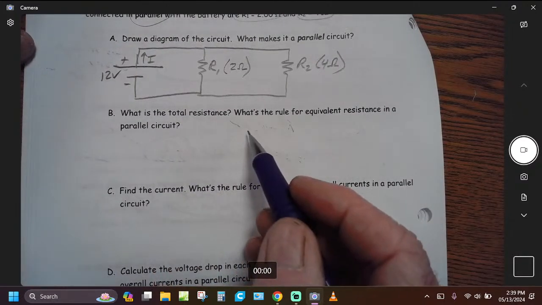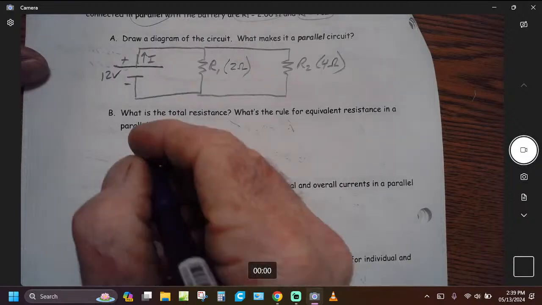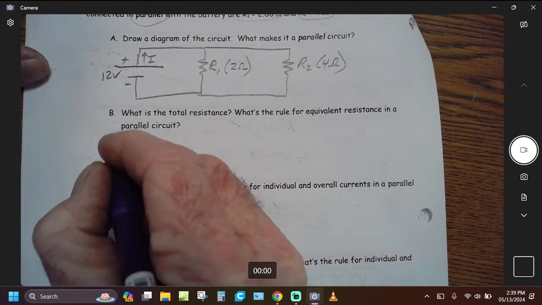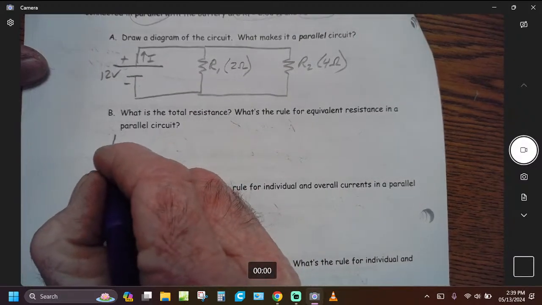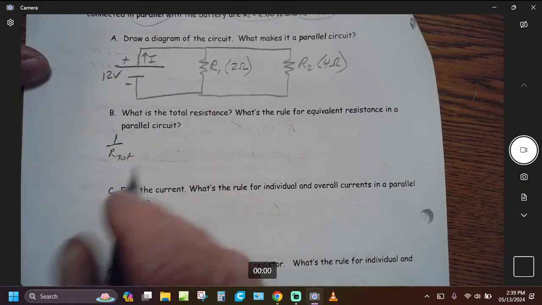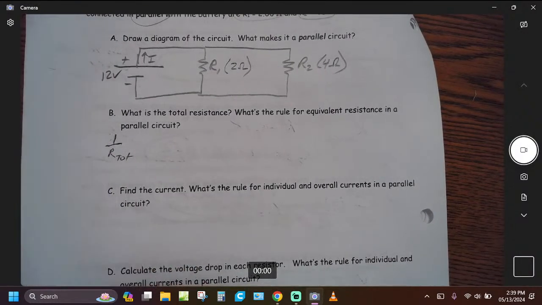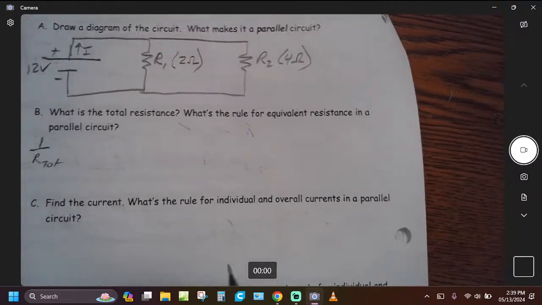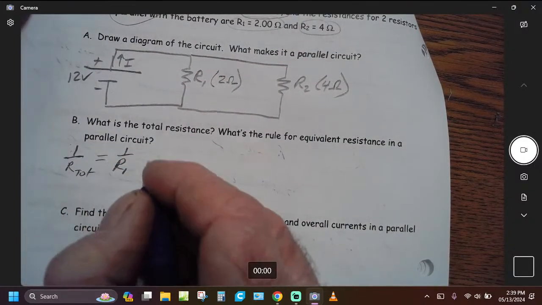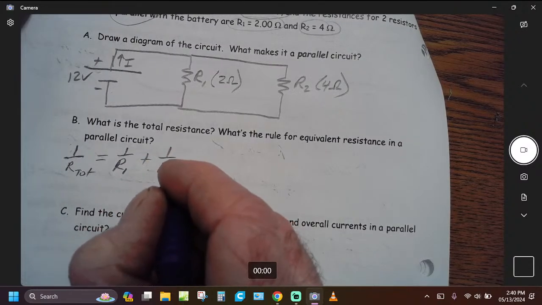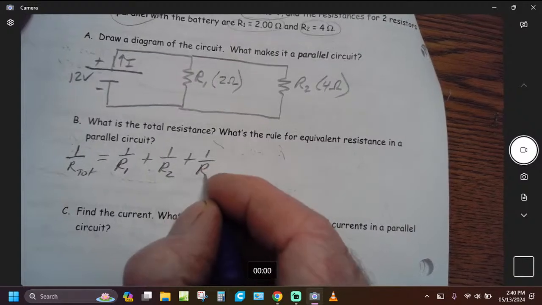So total resistance, the rule for doing this, we went over this last class. I'll write this down. I can show why for anybody who wasn't here if you want at some point. But the easiest way to write the formula is to write 1 over the total resistance equals 1 over the first resistor plus 1 over the second resistor's resistance plus 1 over the third resistor's resistance.